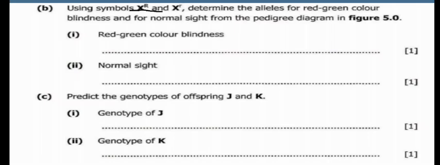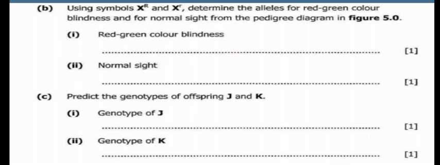We need to use these symbols here to show how we can have normal sight and how we can have red-green color blindness. Red-green color blindness is caused by a recessive allele. So here they haven't told us to use Y, because a sex-linked characteristic does not occur on the Y chromosome.